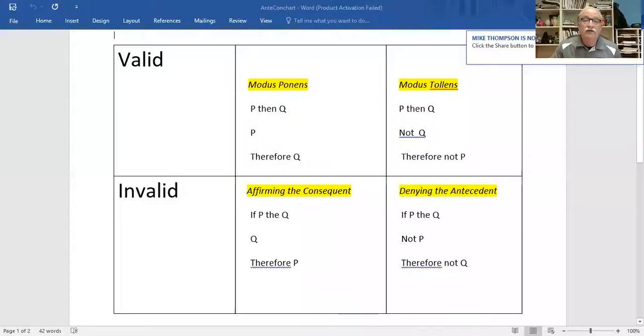Now, that sort of leads into the next thing that we want to spend a little bit of time on, and that is this situation that we call antecedent and consequence. From your math, from your science, from other issues, and even from our first semester logic, you may remember that we have this idea of antecedent.